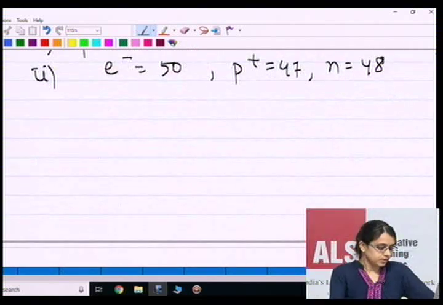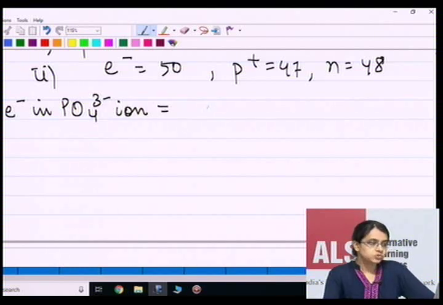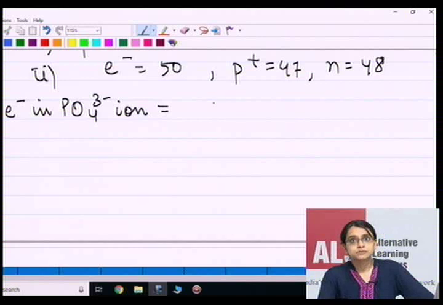Okay, so how do we go about this is, number of electrons in phosphate ion will be equal to, let me just give you the detailed explanation of how we actually calculate this.